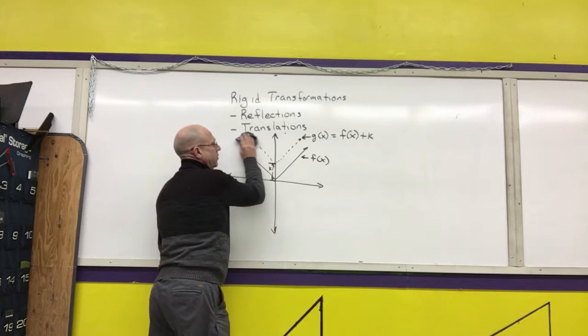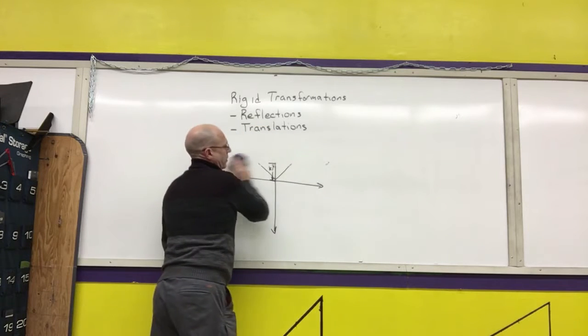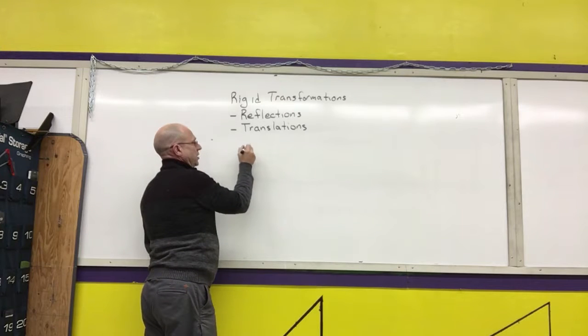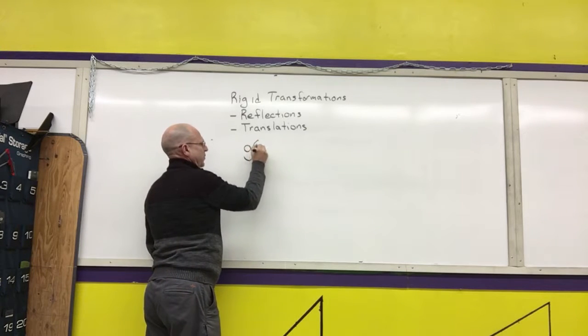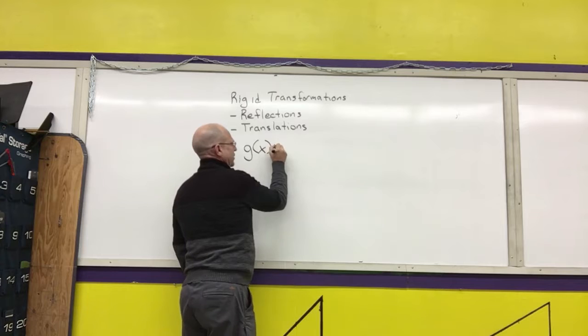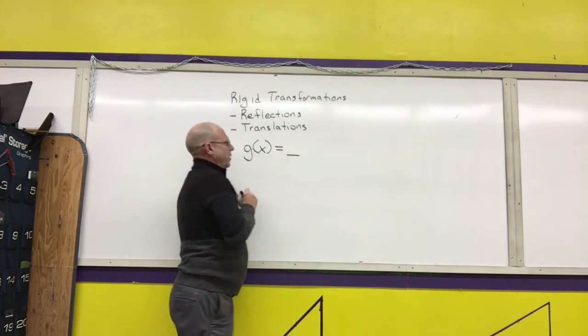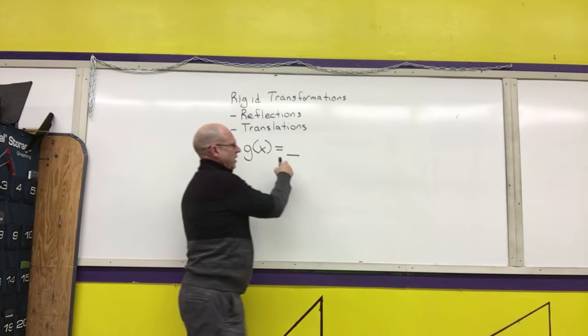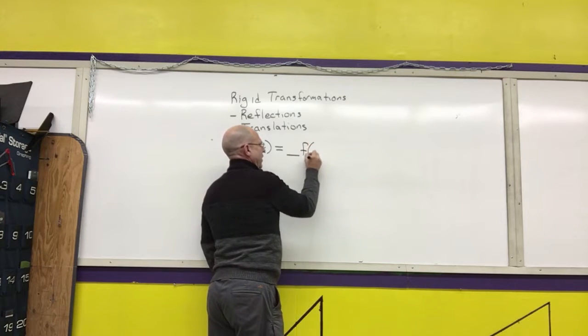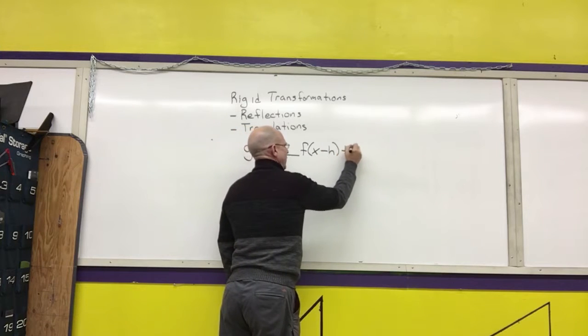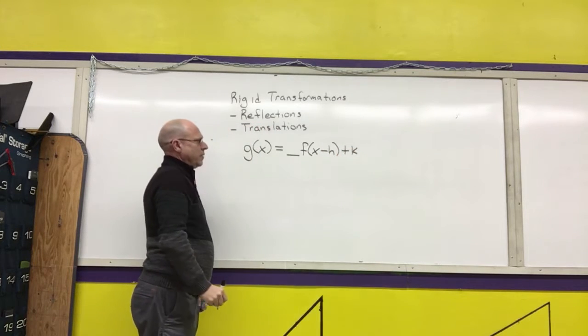Combining these, you get the following generic formula for rigid transformations. A function after a transformation is equal to, we're going to put a little blank there, and we're going to discuss that, f of x minus h plus k.